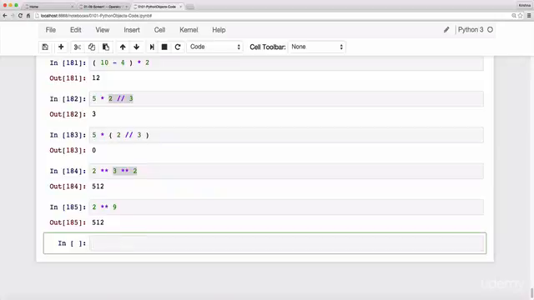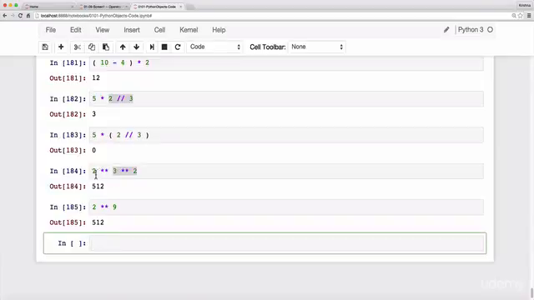So these are the rules followed by the Python interpreter. You must have an idea of how expressions are evaluated, and it's always better to put your expressions in parentheses so that you can force the way you want them to be evaluated.